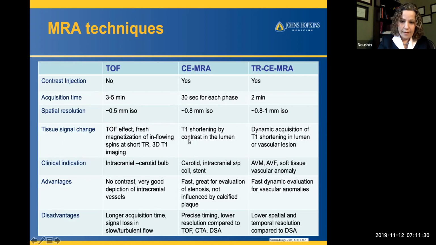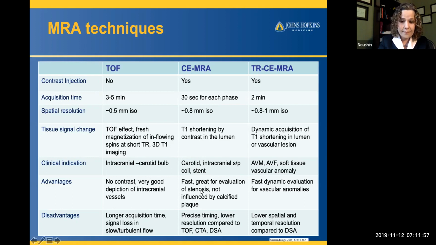The physics behind it, you essentially image by T1 shortening by contrasting the lumen. It's really good for imaging of the carotid, and also for the intracranial vessels. If you have a coil or stent, something that is causing a lot of artifact with time of flight, injection of contrast may help better evaluation for, let's say, recurrence of aneurysm after coil or stent.